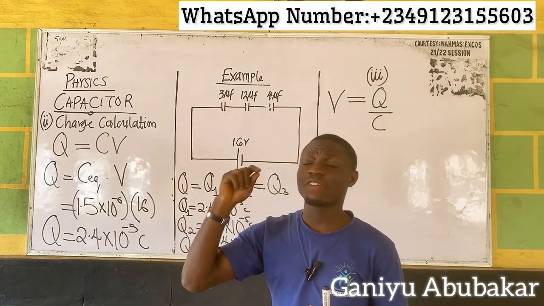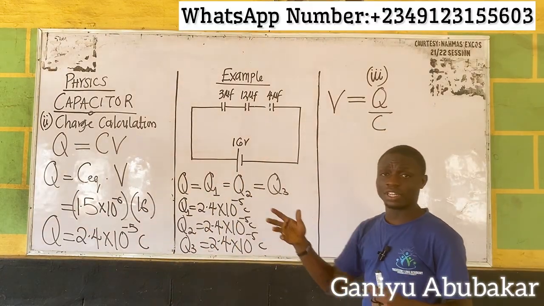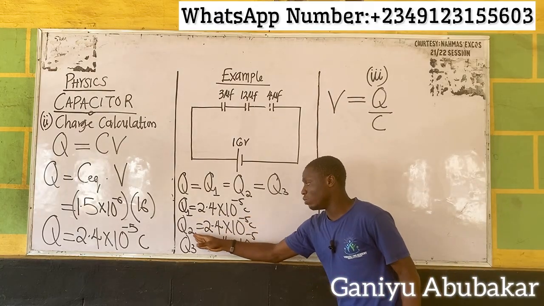I have to calculate V1, V2, and V3, as I did for Q1, Q2, Q3.